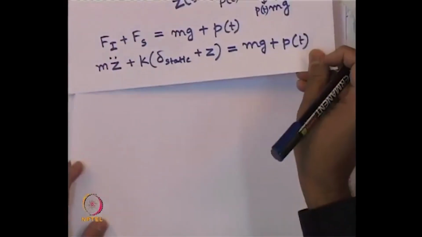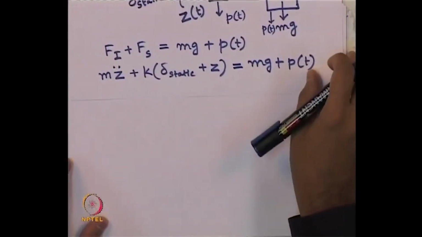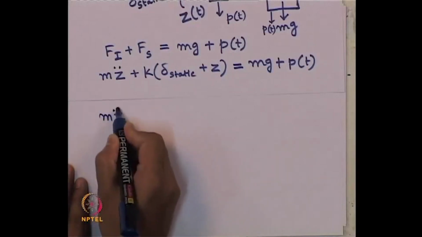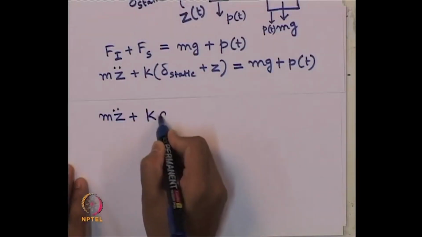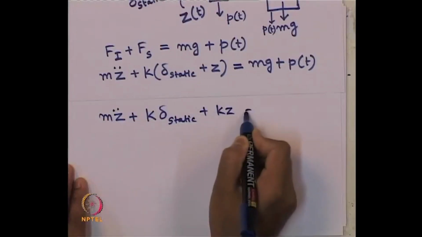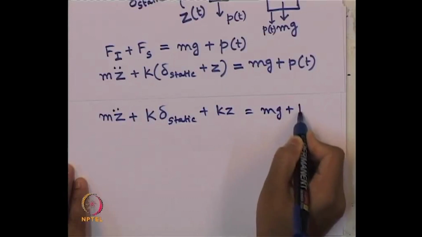Let me put it here so that we can follow it up: m z double dot plus k delta static plus k z equals mg plus P of t.